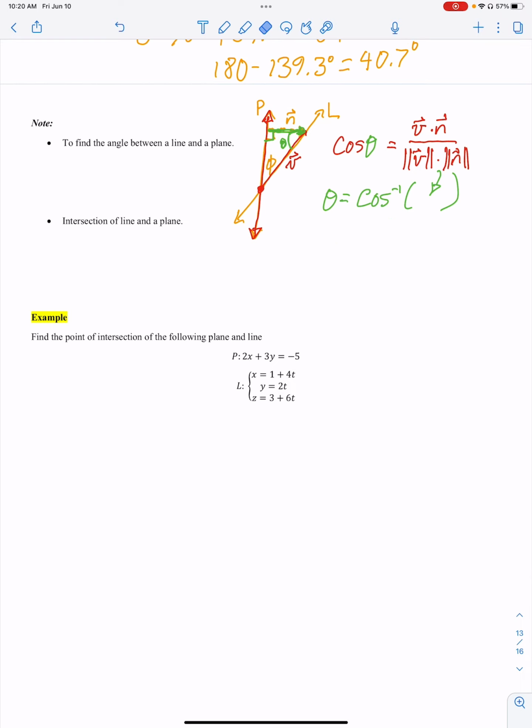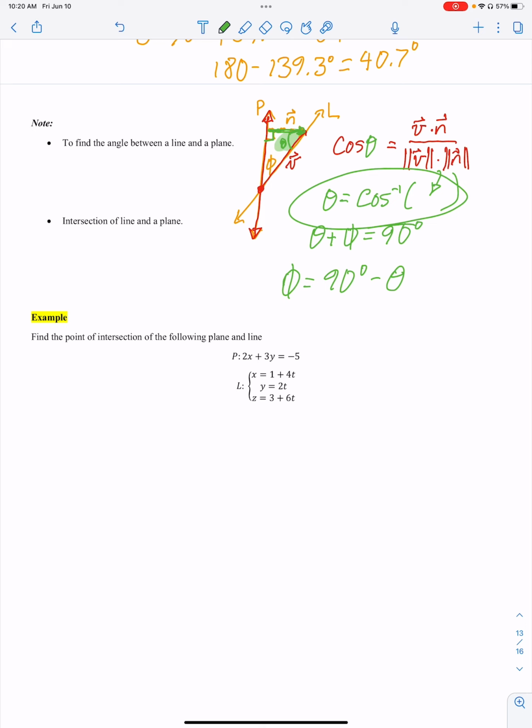We found theta. The reason we don't have phi is because the angle between N and V is right there that I highlighted. It is theta. Now, that makes a triangle right in there, and I know that theta plus phi is 90 degrees. So if I wanted to solve for phi, I would just take 90 degrees minus theta. We have what theta is, it's right here.